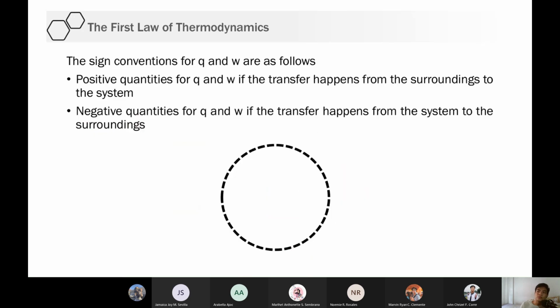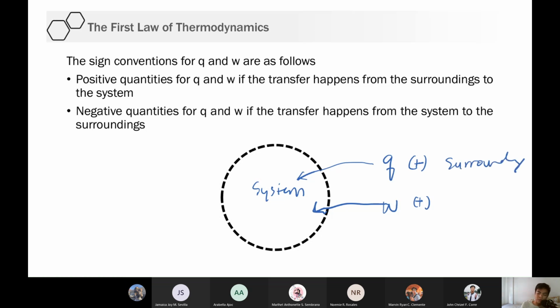Okay? So now, what are the signs of Q with respect to the system? Okay. Like this: inside the circle is your system. If you add heat and work to your system, their value is positive. Okay?